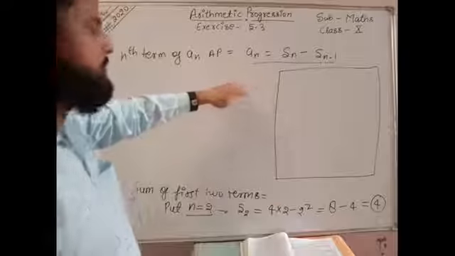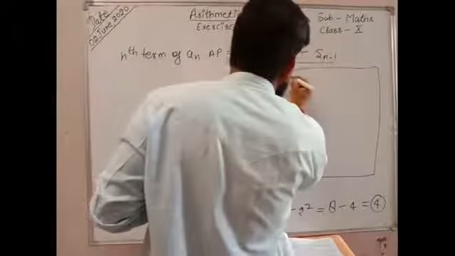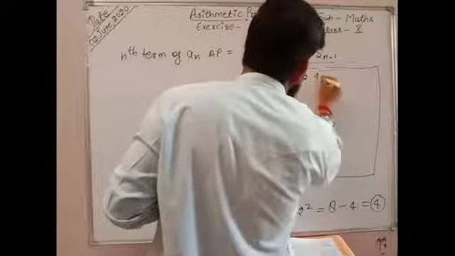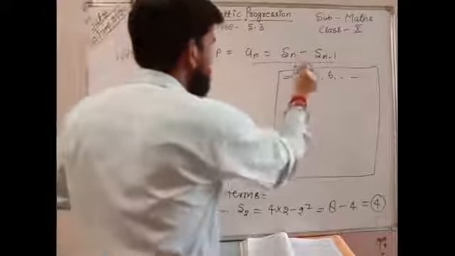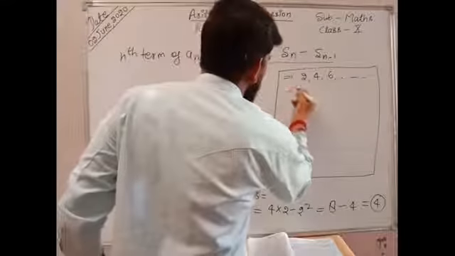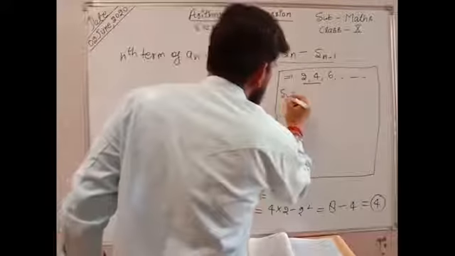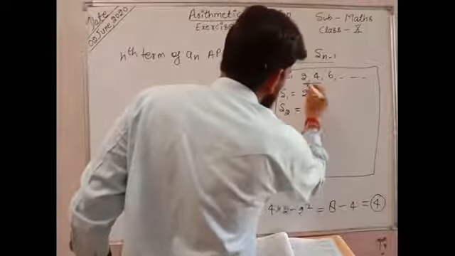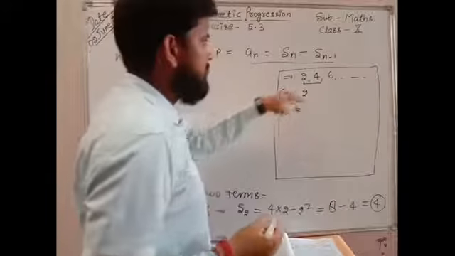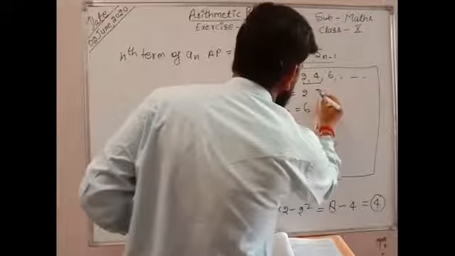Okay, so I am taking an example. Let 2, 4, 6 be an AP. Okay students, so if I calculate, see, S1 is equal to 2 and S2 is equal to 2 plus 4, the sum of the first two terms, which is equal to 6.